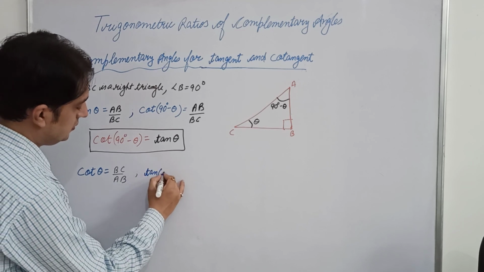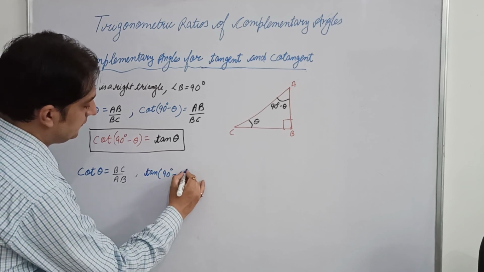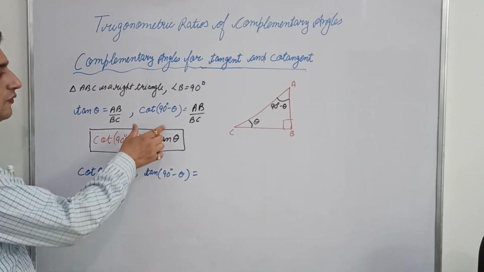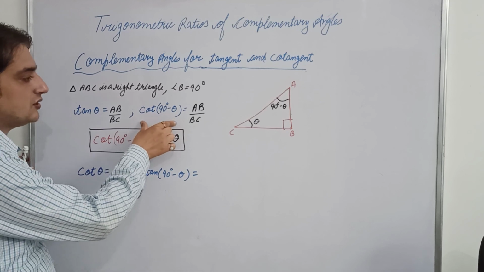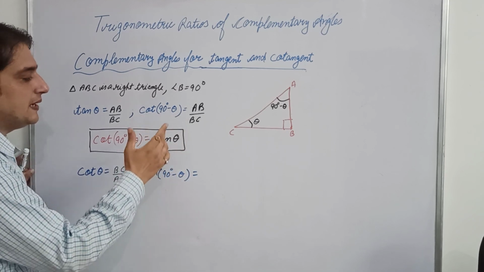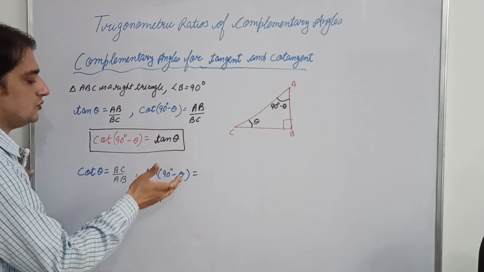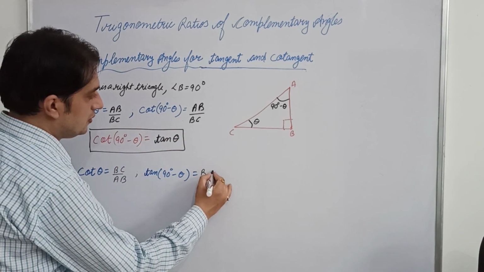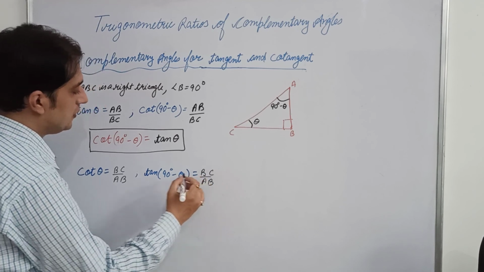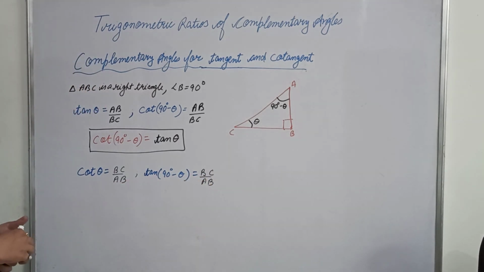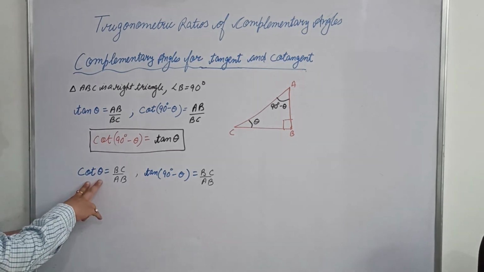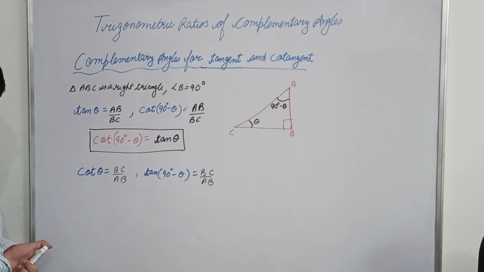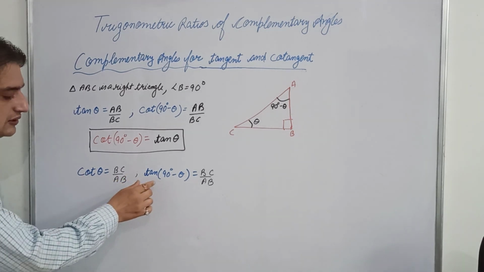Tangent of 90 degrees minus theta. So what is tangent of 90 minus theta? Let's take the reciprocal of cotangent. Cotangent is base by perpendicular, so this is perpendicular by base, and the value is BC upon AB. See here, the two T ratios are also the same for angle theta and for angle 90 minus theta, but here it is cotangent and here it is tangent.